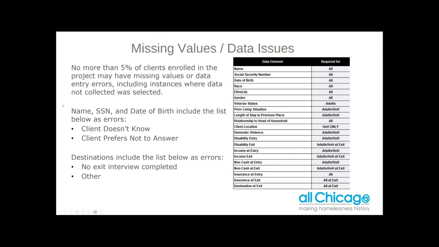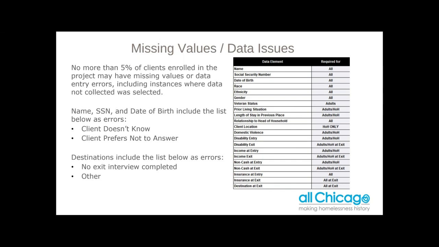One thing to really note about this particular table is to be mindful of the required 4 column, because that's really going to identify which clients, of all the clients that are pulling into the report, that particular data element is applicable for. So that column is really important in determining what clients might be causing the error and identifying what needs to be corrected.